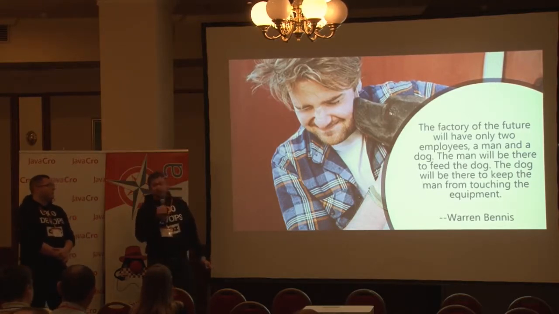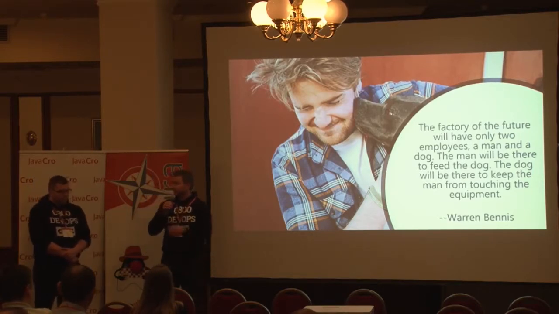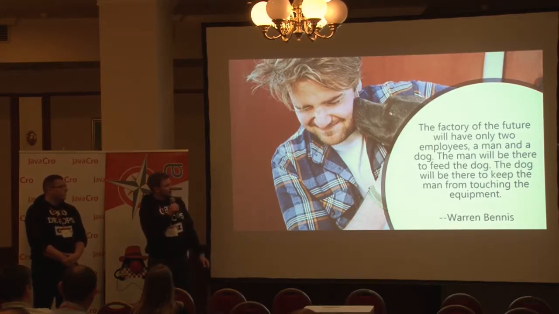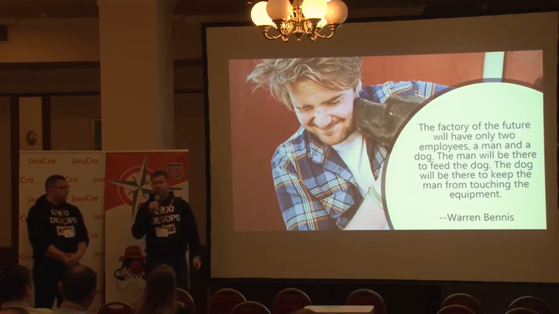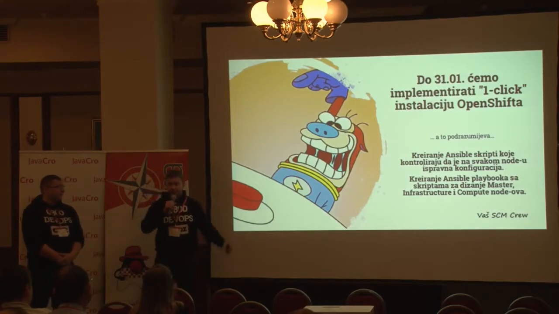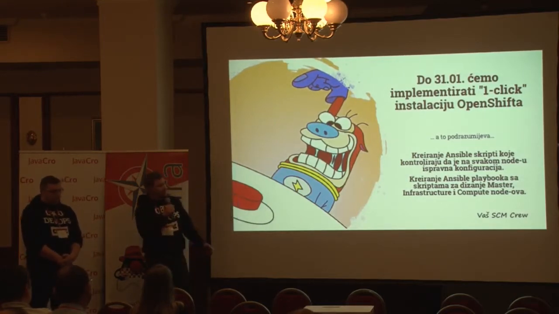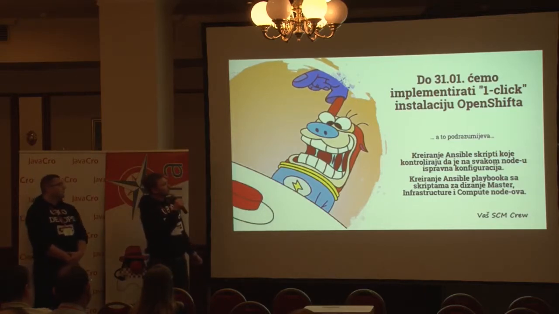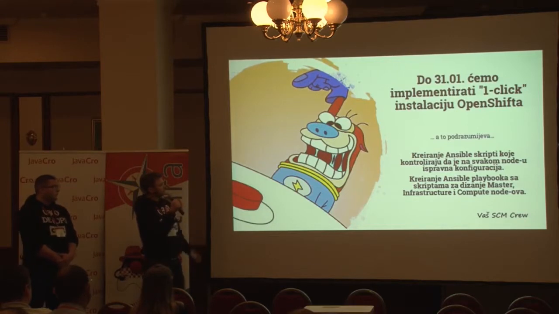What happened next is, this was a good idea, and there is a whole bunch of people at the company who are part of what we call the DevOps community of practice, and we sat down and brainstormed a bit on how to do it, and then we set a goal for ourselves. This was happening sometime in November, I think, last year. And we said, okay, by the end of January, we will implement one-click OpenShift installation.